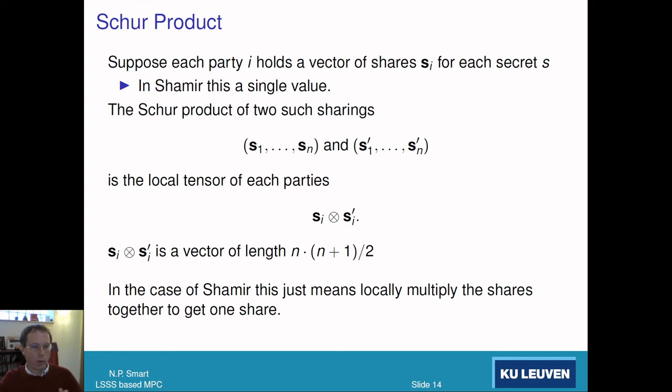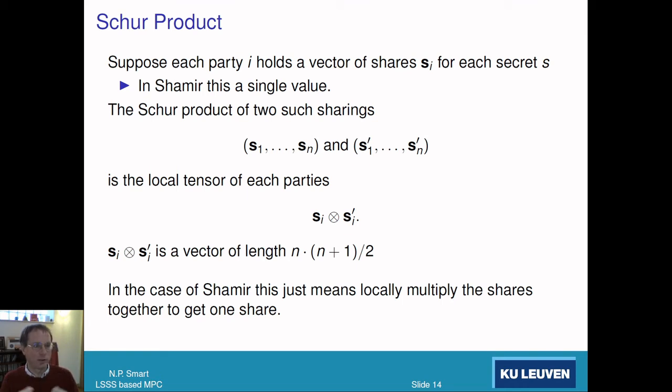In a replicated 3-1 scheme, everybody holds 2 shares. So the Schur product of the shares that you hold, of my shares Si for secret S, and my shares Si dashed for the secret S dashed, is basically the local tensor product of all the shares, which is, if I start with n shares per value, then the Schur product of my shares is a vector of length n times n plus 1 over 2.